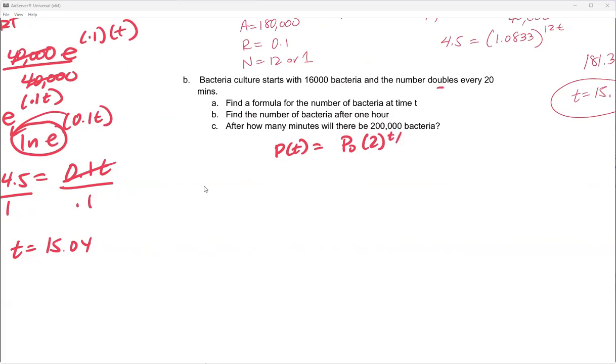See how it says it doubles every 20 minutes? So the formula is 16,000 times 2 to the t over 20 power.